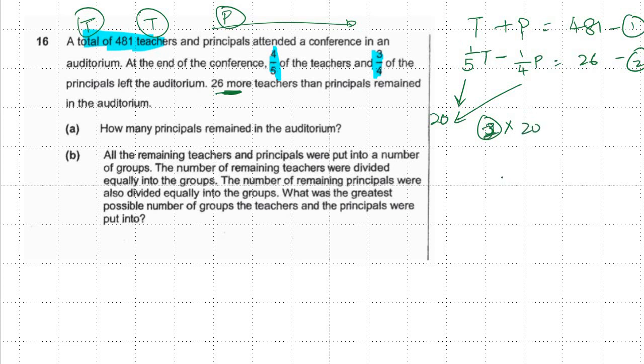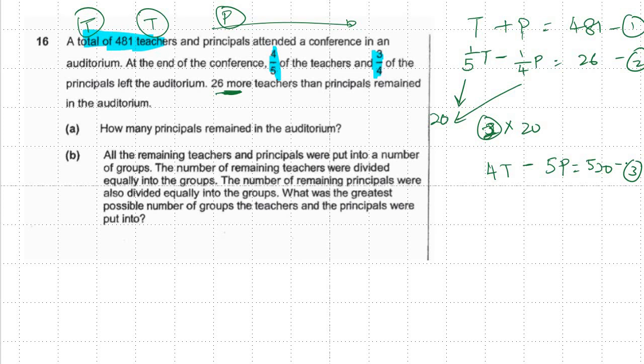So 1/5 times 20 will actually give you 4 teachers, sorry, it's minus 20 divided by 4 is 5 principals. Then you have 26 times 20 will give you 520. This will be my third equation.